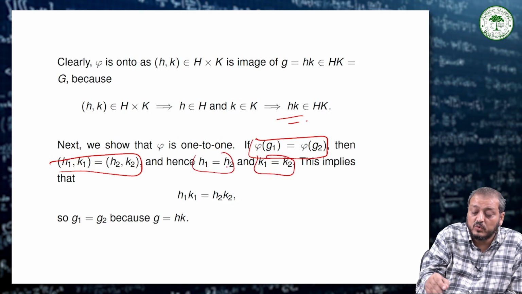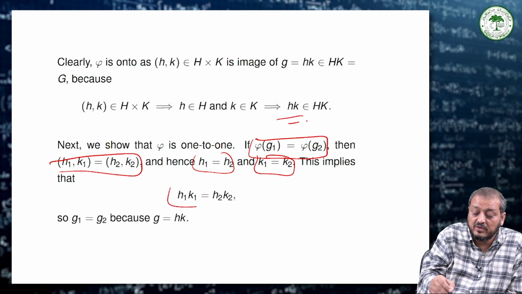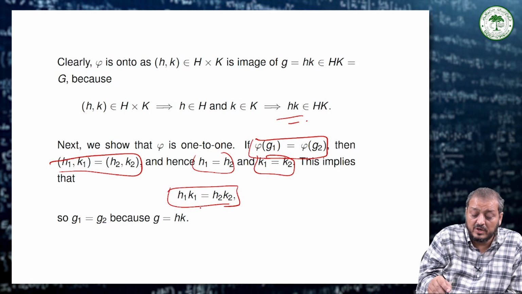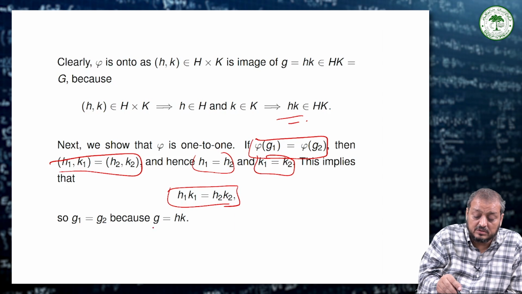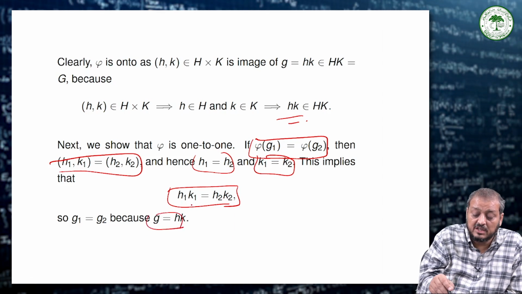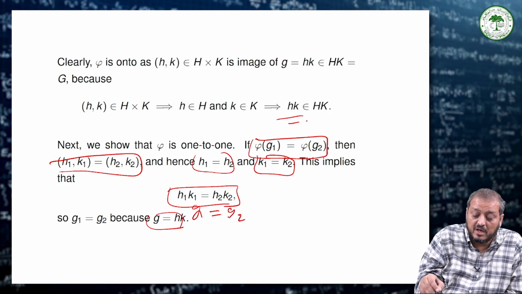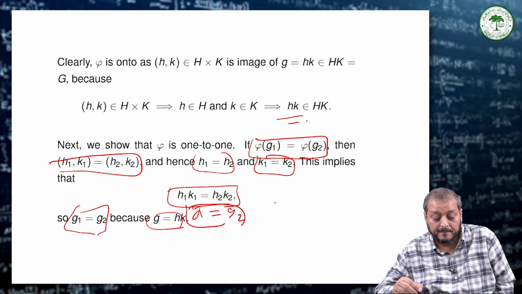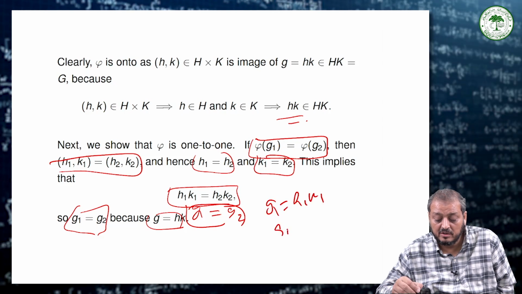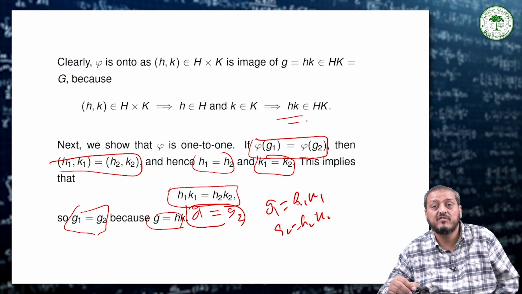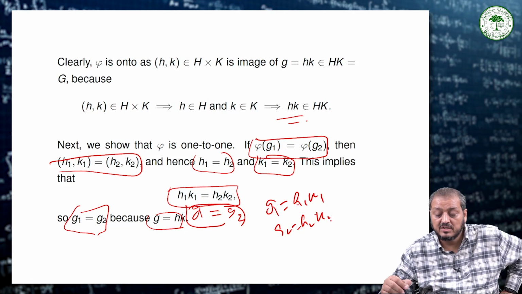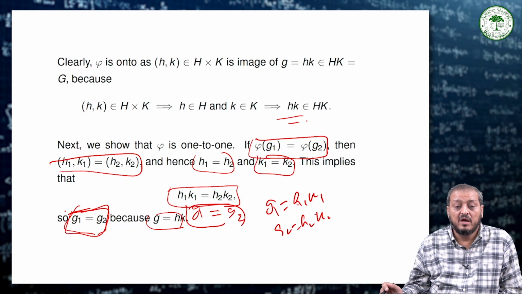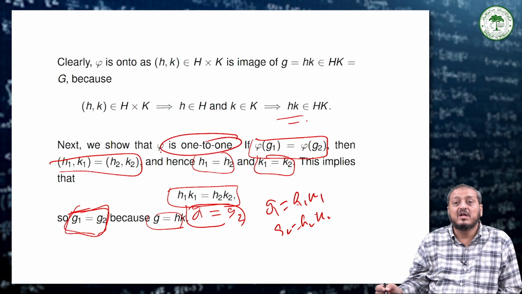Then H1 K1 is equal to H2 K2, and because G is equal to HK, G1 is the same as G2, where G1 is H1 K1 and G2 is H2 K2, with H1 and H2 elements of H, and K1 and K2 elements of K. So we can say G1 is equal to G2. So clearly one-one also holds.